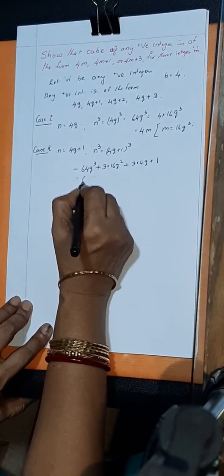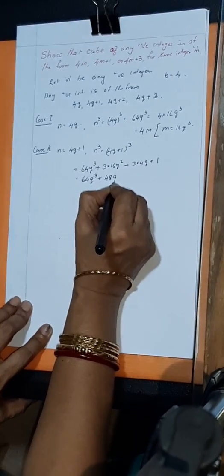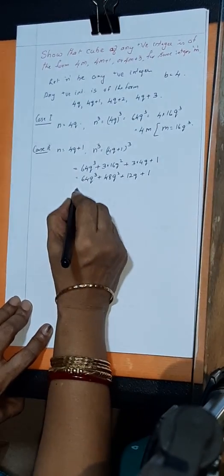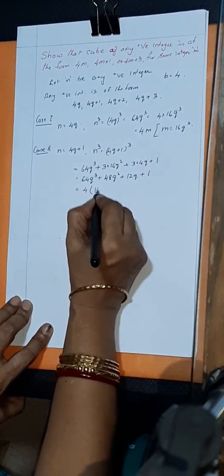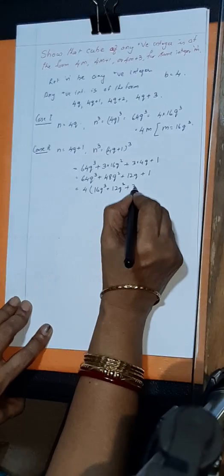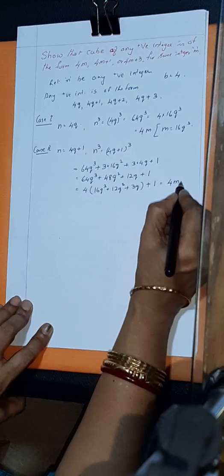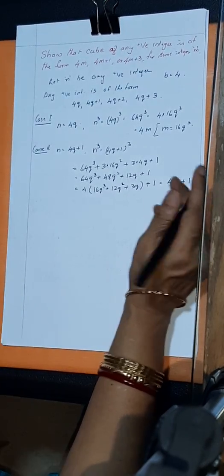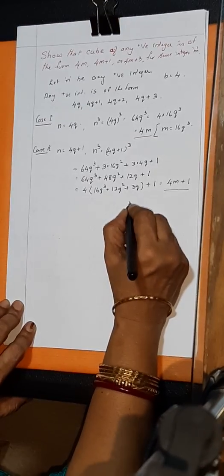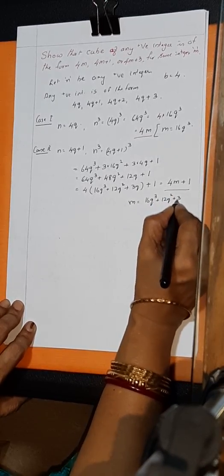So this is equal to 64q cube plus 48q squared plus 12q plus 1. I'll take 4 out here, plus 1. So this is of the format 4m plus 1, where m is equal to 16q cube plus 12q squared plus 3q.